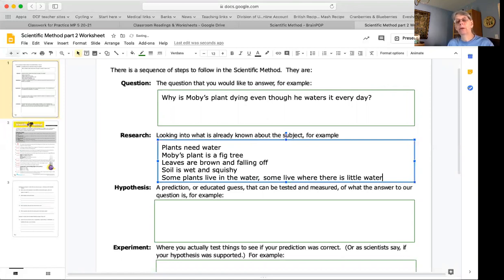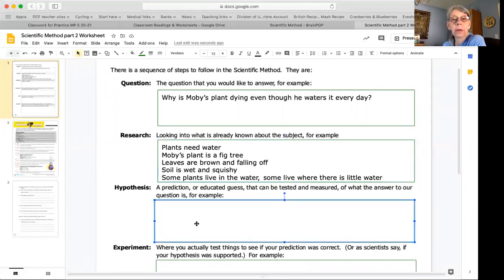Some live where there's little water, like cactus plants. So plants don't all need the same amount of water. Some can deal with it well, some can't. Okay, so we all need that. They need water, of course, for the most important chemical reaction on Earth, photosynthesis.